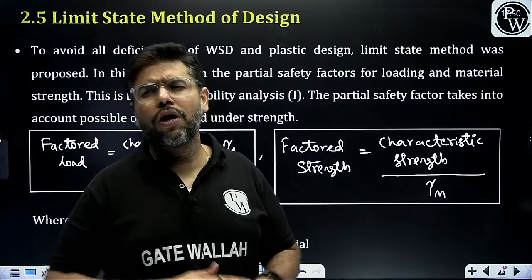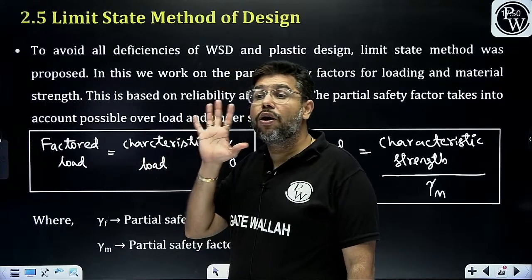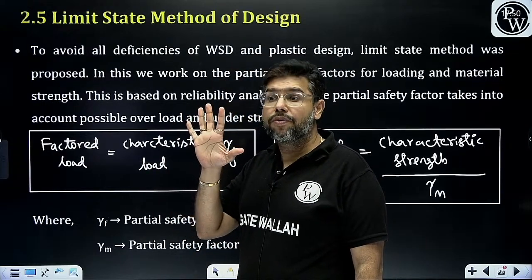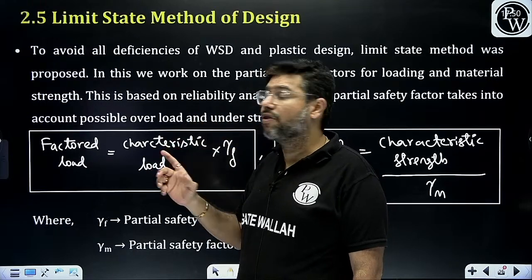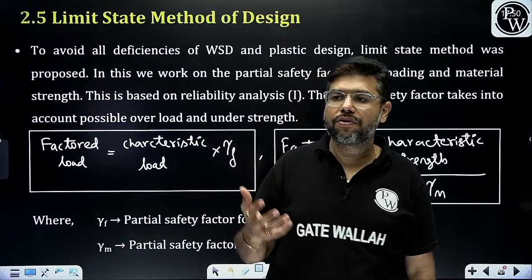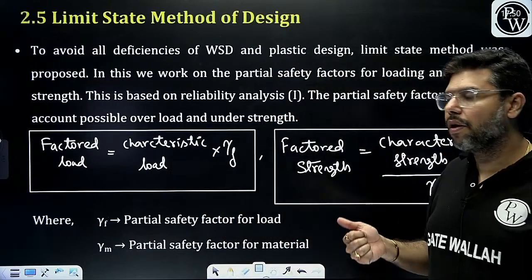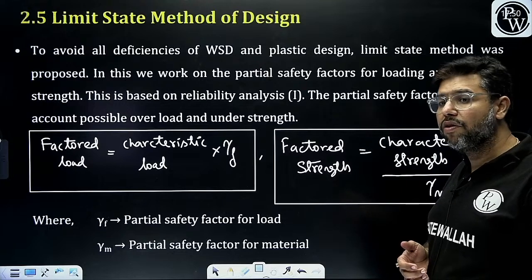Means in the total design life of the structure, this load will be exceeded only with a probability of 5%. So, with the 5% probability of exceedance, the load is known as characteristic load, whereas characteristic strength is defined as the strength below which not more than 5% of the samples will fall.